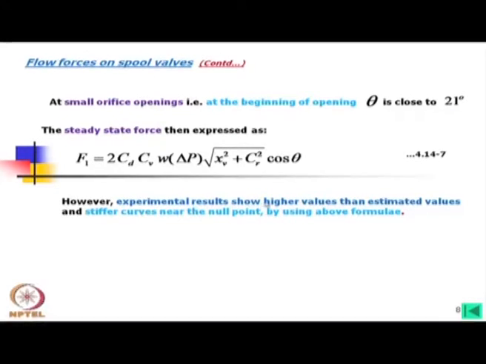However, experimental results show higher values than estimated values and stiffer curves near the null point. That means this curve will be more stiff and may give higher values, but the null position is only at the beginning, and there we usually put the input but we are not controlling at that position.